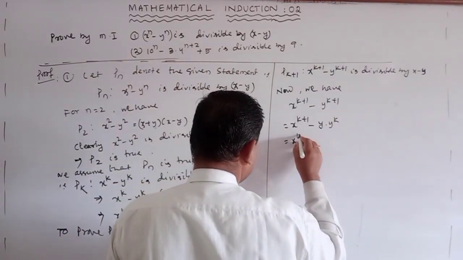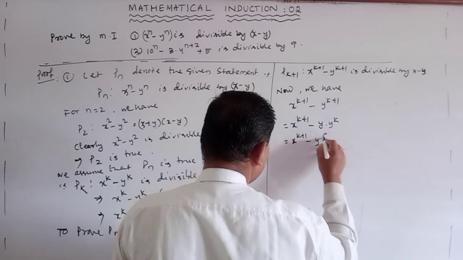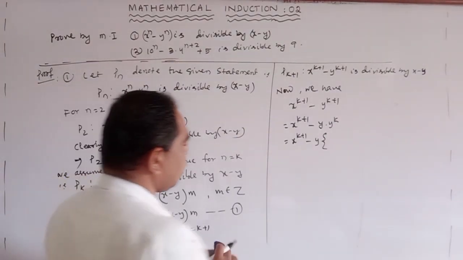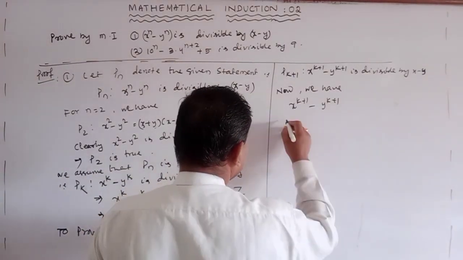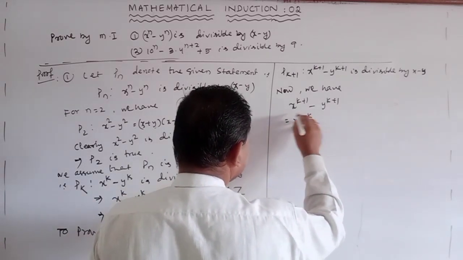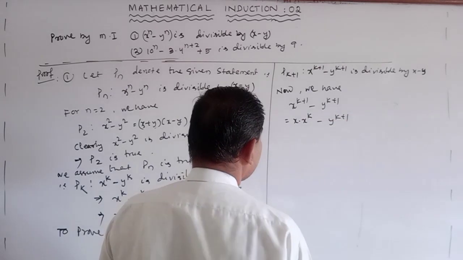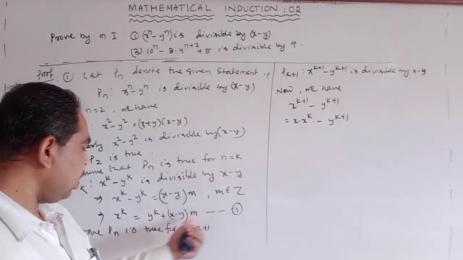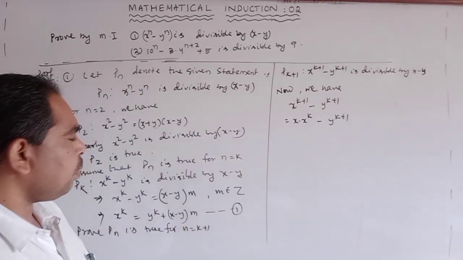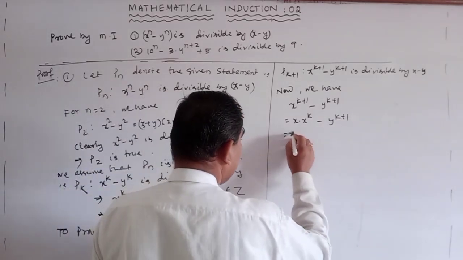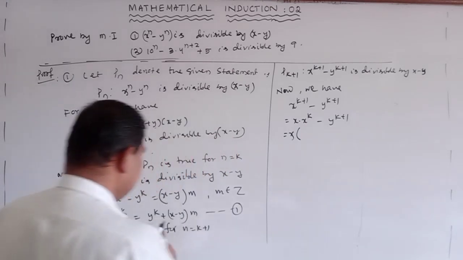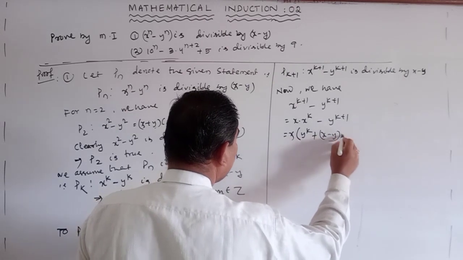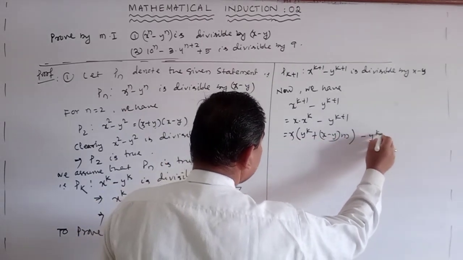So this is equal to x to power k plus 1 minus y into y to power k, which is x into x to power k minus y into y to power k, because the value of x to power k is here in equation 1. So this is equal to x into what is x to power k? x to power k is equal to y to power k plus x minus y into m, minus y to power k plus 1.